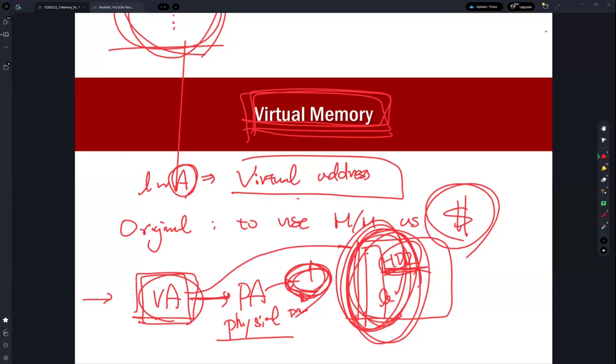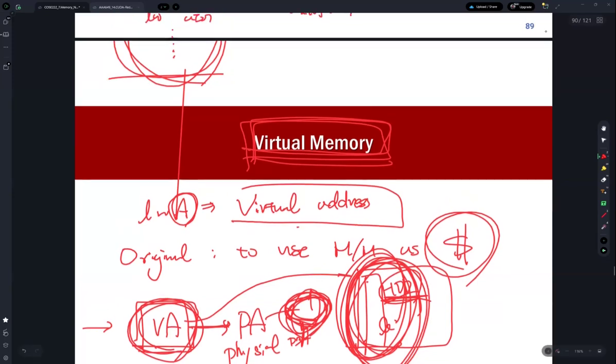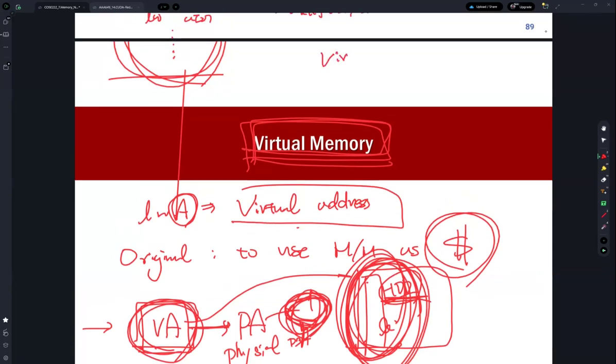So to the programmers, the computer system just provides the virtual memory space. The virtual memory space is very large. It's larger than the physical memory space. The physical memory is the real memory, right? So in the computer system, virtual represents the fake, okay?